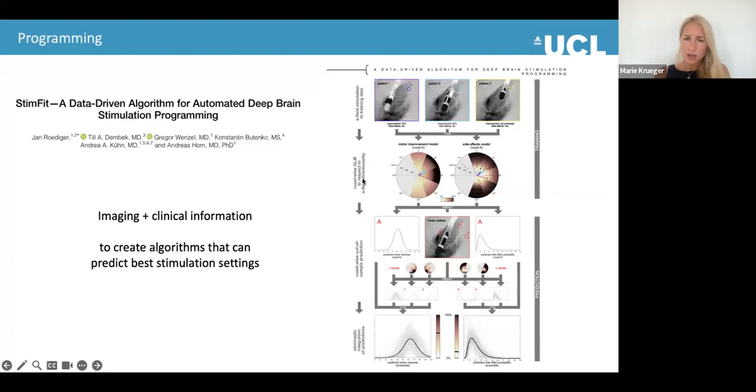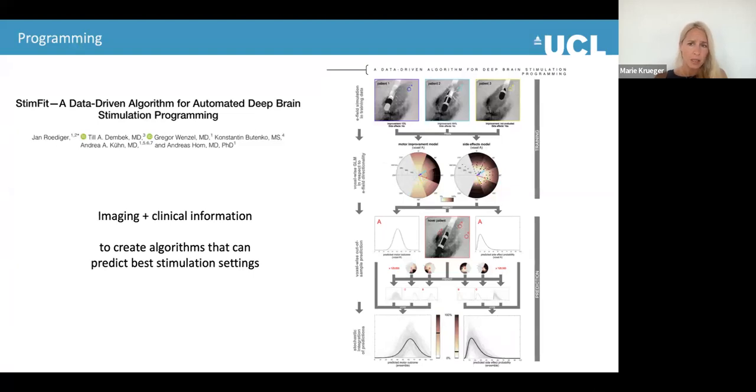Then they also give it the clinical outcomes for each contact. And then they're trying to develop an algorithm that can then predict the best contact for future patients. So basically using imaging, clinical outcomes and computer models to let the algorithm do the job to cut down programming time and hopefully improve the outcome as well.